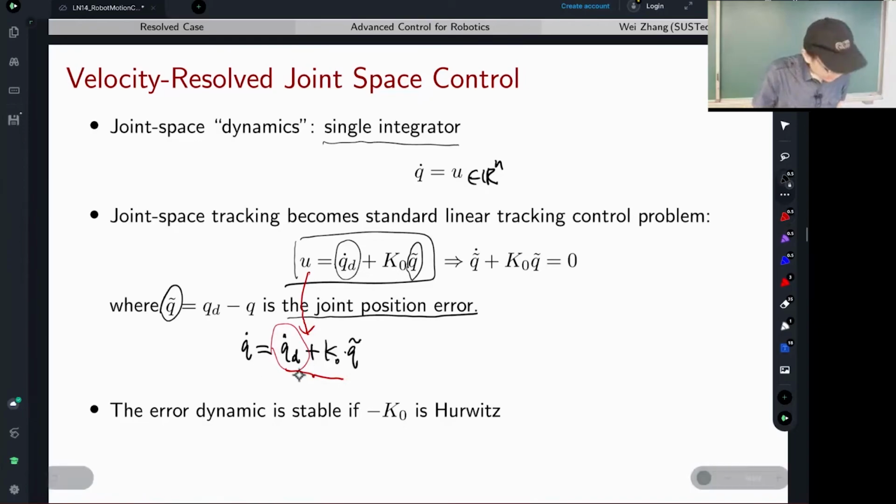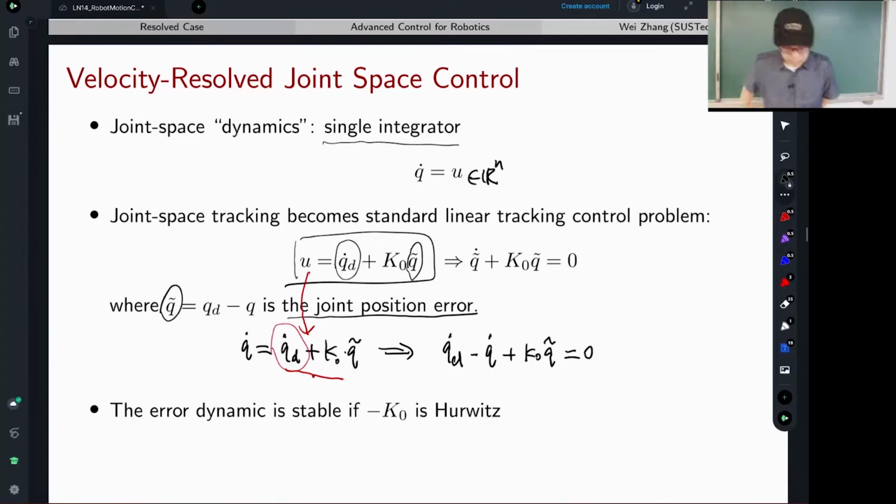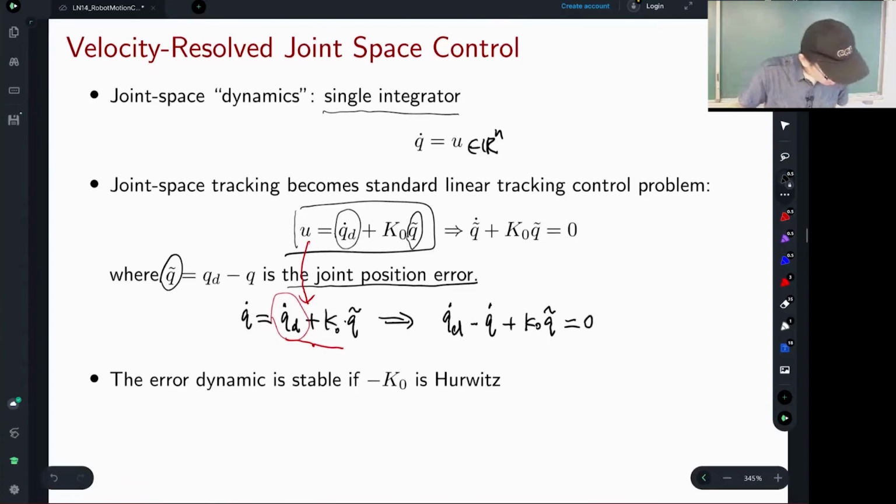Okay. If you plug this into the system dynamics, this is already plugged in. So if I derive it, if we move things to the right, then what we have is QD dot minus Q dot plus K0 Q tilde equal to 0. That's a vector 0. All right.